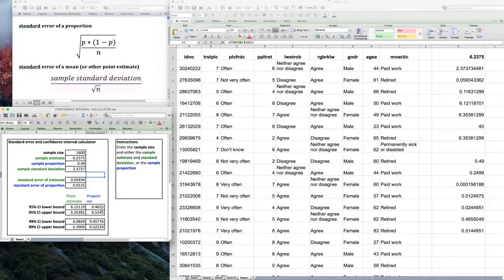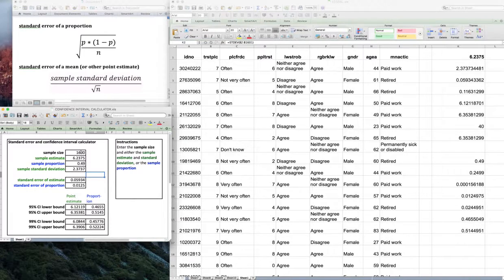And you'll see that the 95% confidence intervals are the same as we calculated over here. The nice thing about the confidence interval calculator is it gives you 99% confidence intervals as well. Saves you having to do the calculations in Excel, but either way is perfectly acceptable.